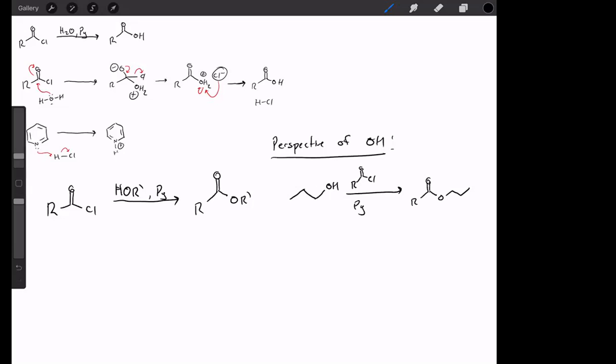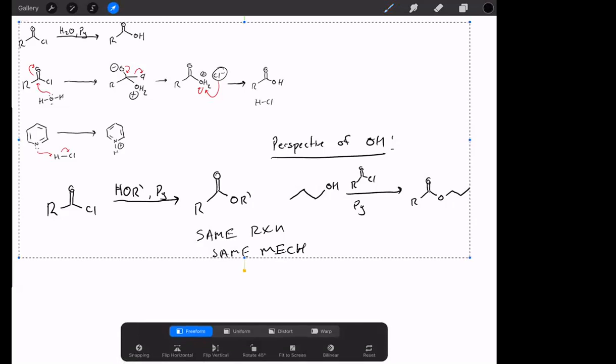So it's the same reaction. It's the same mechanism as from before. I'm just showing it from a different perspective. I'm showing it from the perspective of the alcohol. All right.